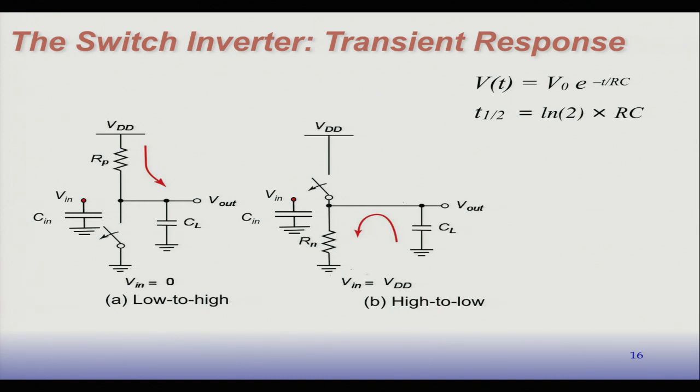Once it is doing its action, we can model the P-type as a resistor. It has a certain amount of conductance, and then the output is a capacitor. So this is a resistor and a capacitor. And we know then this is just RC. We know this is a first order ordinary differential equation, the solution of which is an exponential.